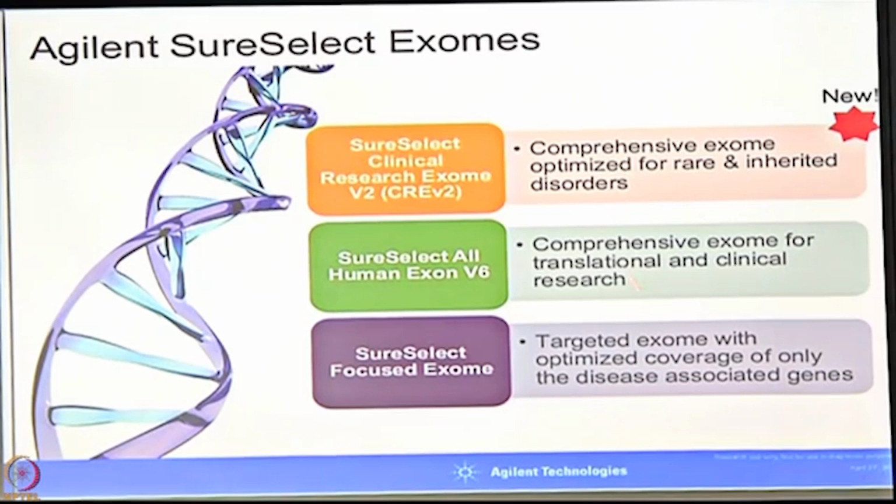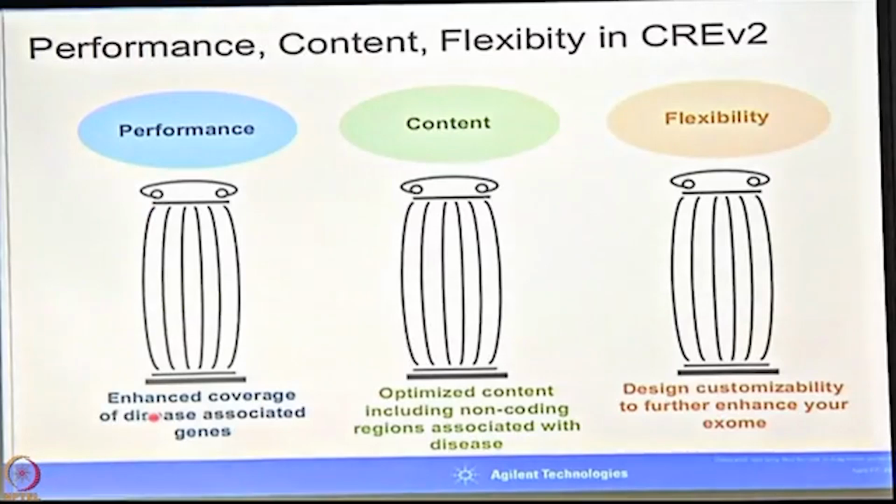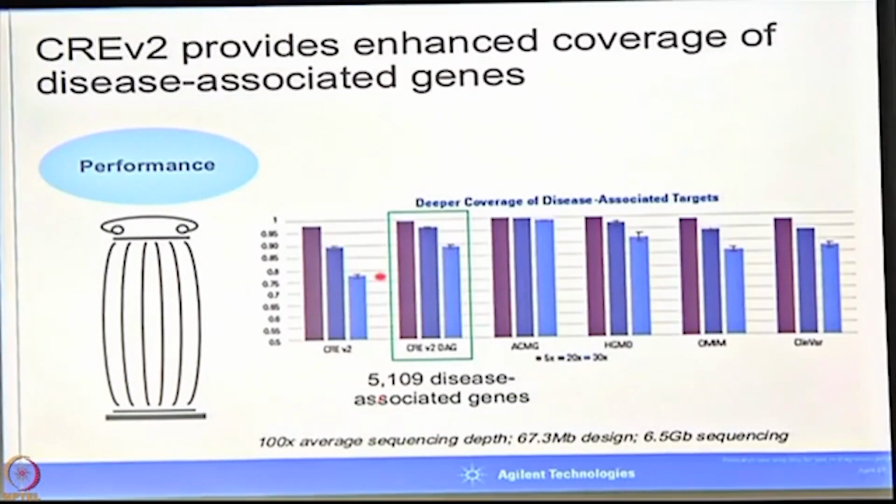But most of the rare diseases I talked about before are studied with the clinical research panel. Looking at the content and performance of this clinical research exome panel, about 5,000 genes are deeply covered in the disease-associated regions with the clinical exome.